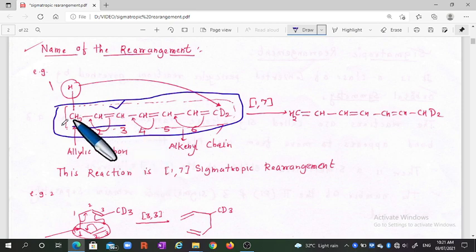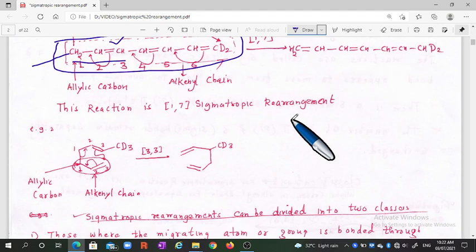The last CH2 group is our allylic carbon. Therefore we have to give the numbering from the allylic carbon: 1, 2, 3, 4, 5, 6, and 7, and the bond is broken. At this position the bond is broken, and we have given the number 1. From the number 1 position the hydrogen will be migrated to the 7th position. That's why we have given the name 1,7 sigmatropic reaction.